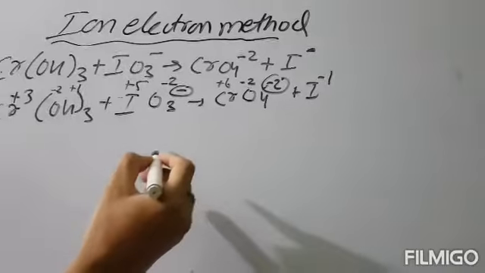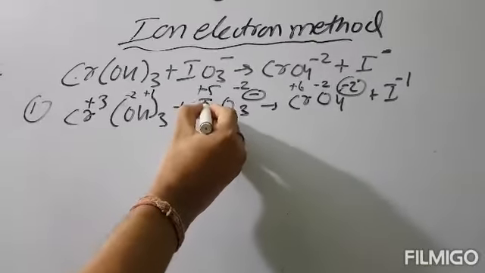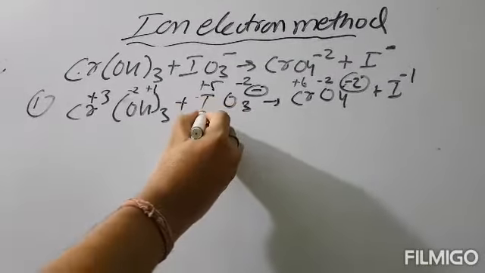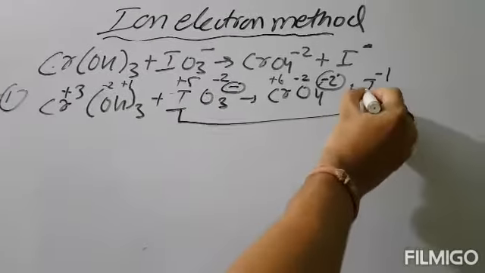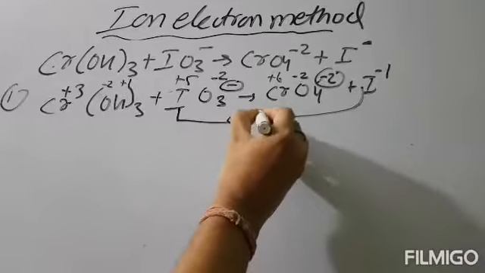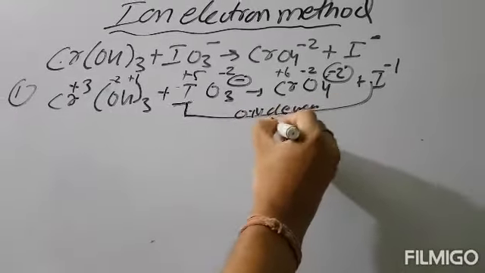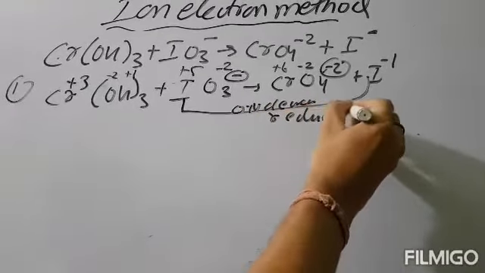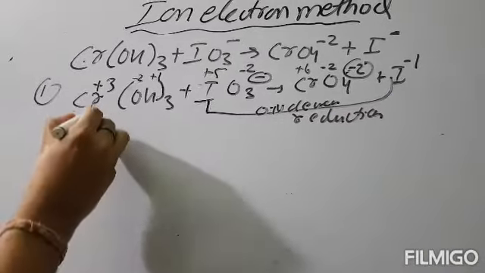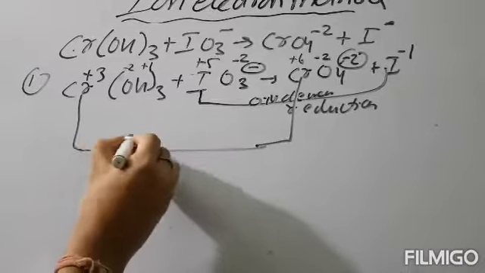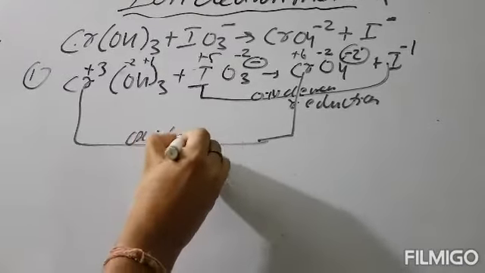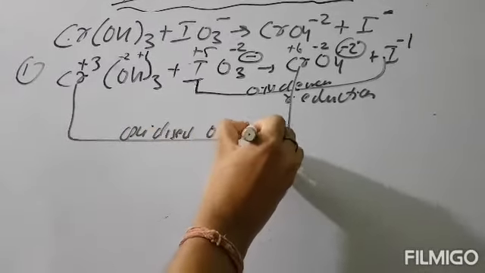Now if you see here that iodine's oxidation number is going from +5 to -1. So the oxidation number is decreasing. So this is reduction. And here chromium Cr +3 is going to Cr +6. So this is oxidized, we can say, because the oxidation number is increasing.